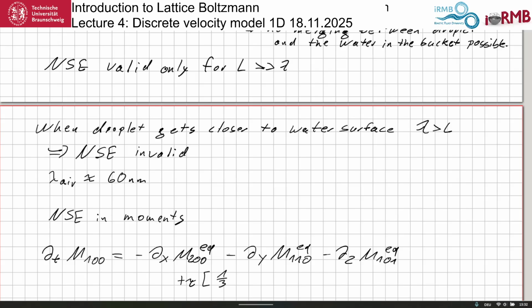Here's already a simplification: you may have to go back and calculate that this here is 1/3 times the second derivative of the equilibrium of the third order moment m300, plus m120 equilibrium, plus m102 equilibrium.